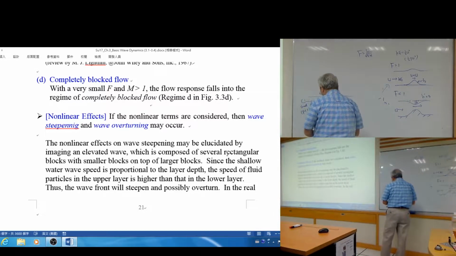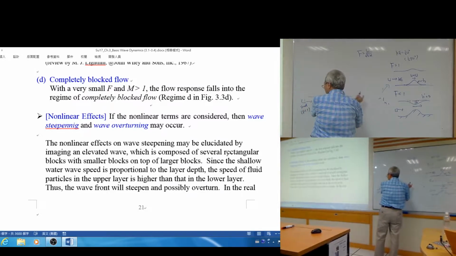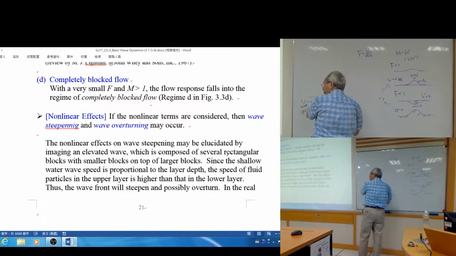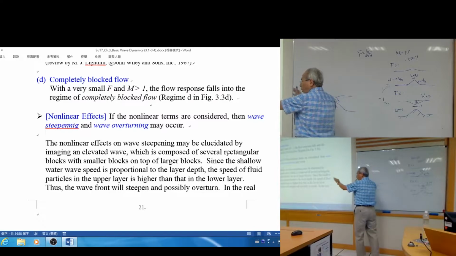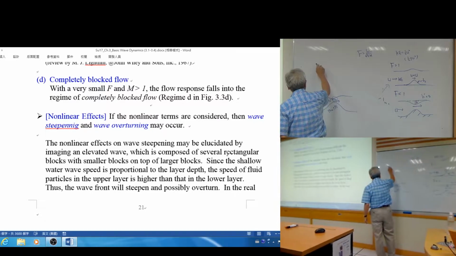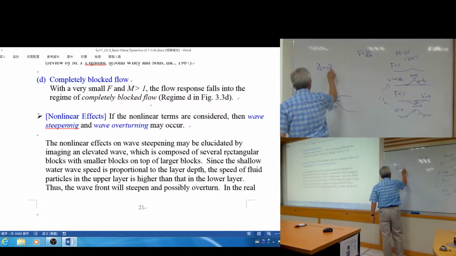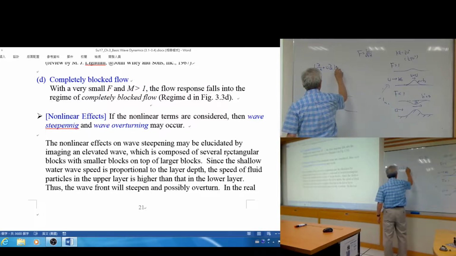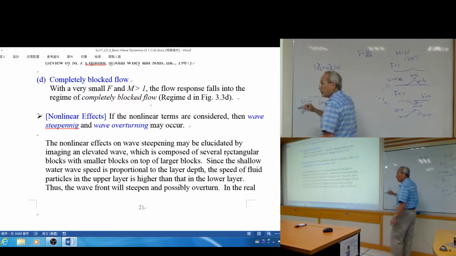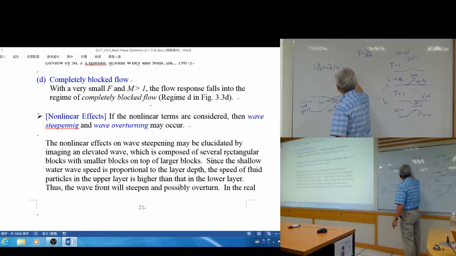Remember, when we solved the problem, we simplified the equations from the more complicated equations, which have partial u prime partial t plus U partial u prime partial x.